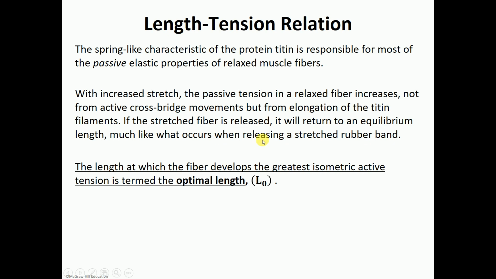And that is known as the optimal length. That would be the length of the fiber that is at the optimum position in order to develop the greatest amount of tension in that muscle fiber. So I want to go ahead and take a look at how weightlifters position their fibers or their muscles in order to be able to carry those heavy weights.